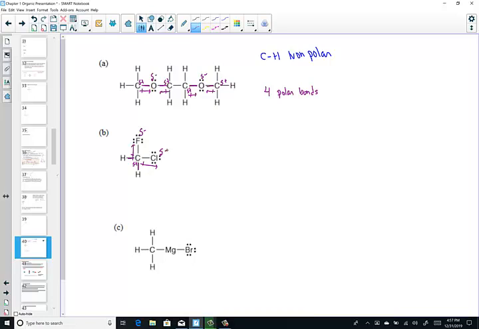And in letter C, I also recognize that there are 2 polar covalent bonds. The first between magnesium and bromine. Bromine, of course, is more electronegative than magnesium, making bromine very electron rich and magnesium very electron deficient, positively charged.